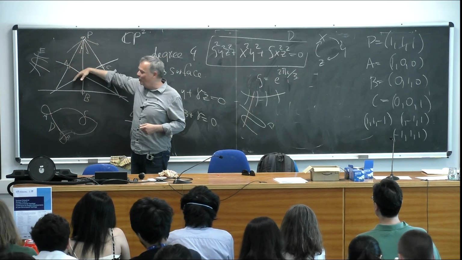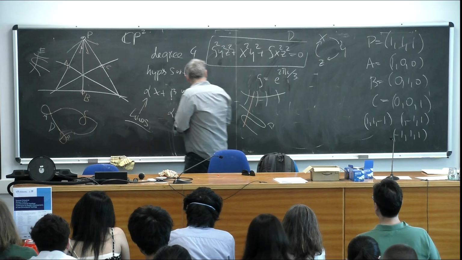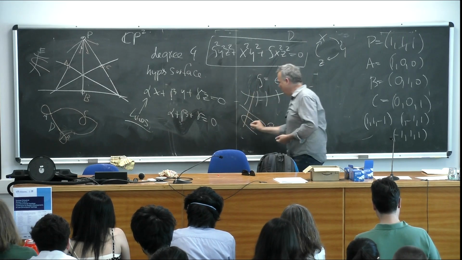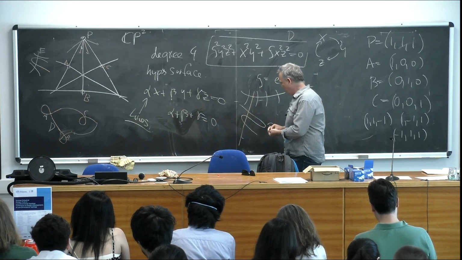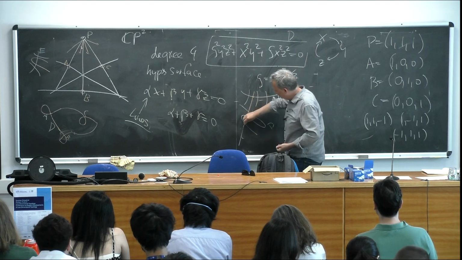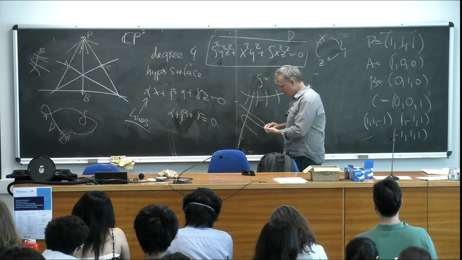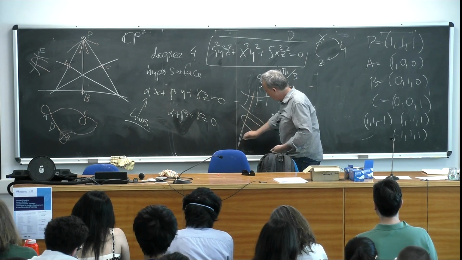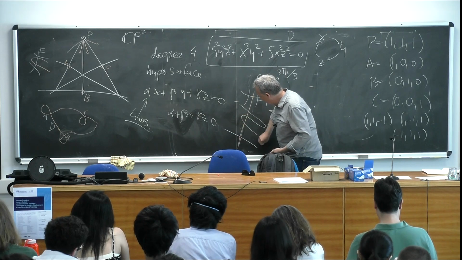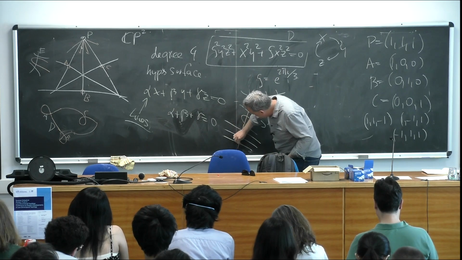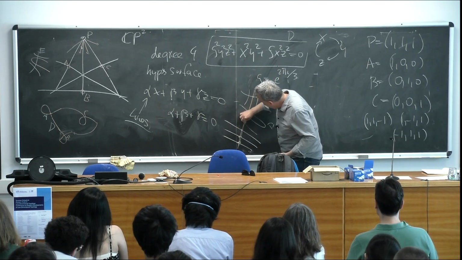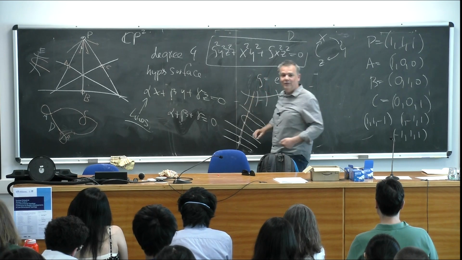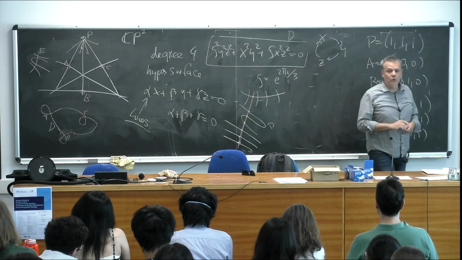I still have to worry about these other 3 lines. So this is the local picture of when I really look out to this direction, I would see a sphere, and I would see 6 intersection points of this line with the branch locus, right?